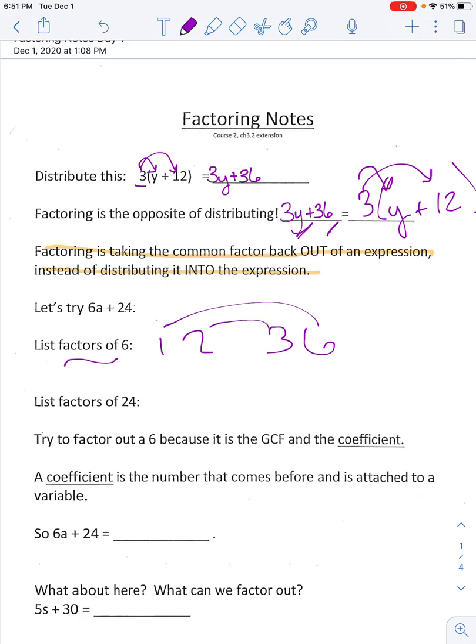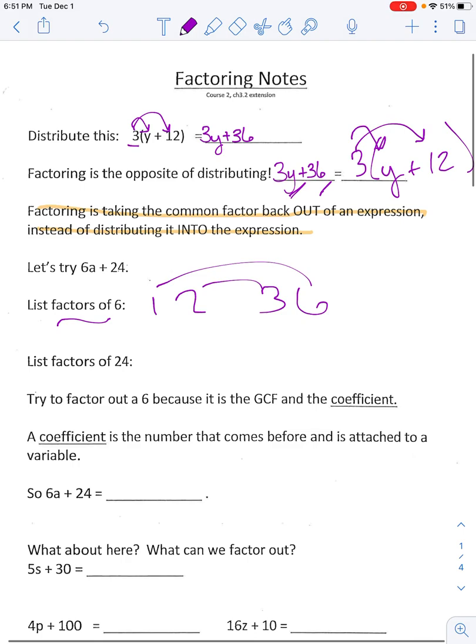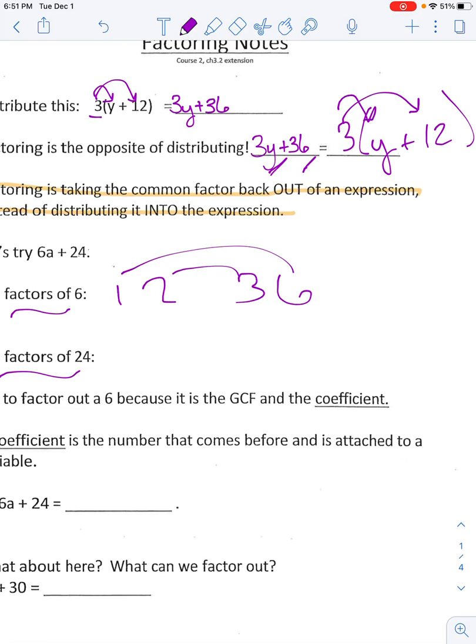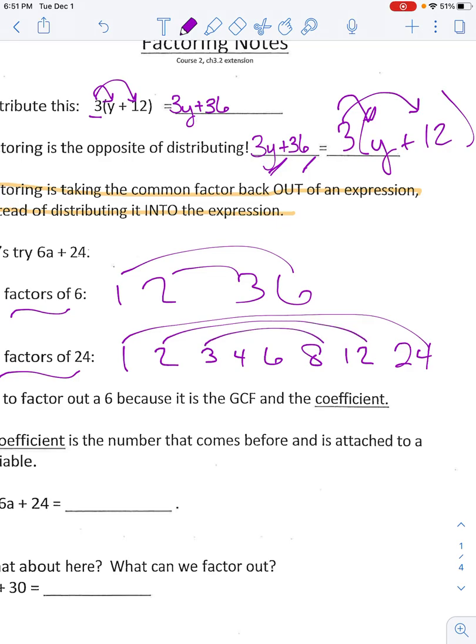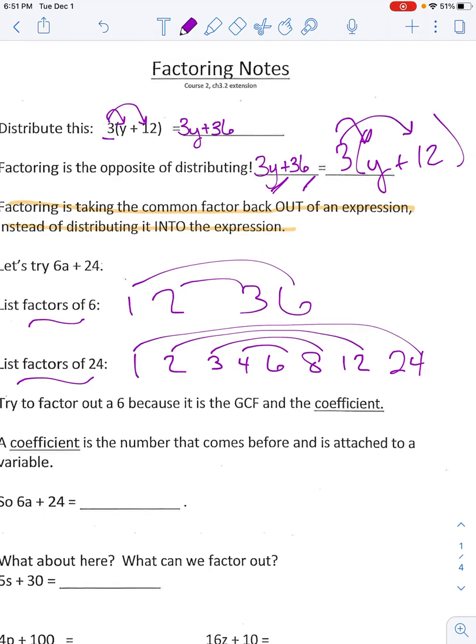Those are all factors of 6. Okay, factors of 24, all the ways to get to 24: 1 times 24, 2 times 12, 3 times 8, 4 times 6. Those are all the ways to get to 24.